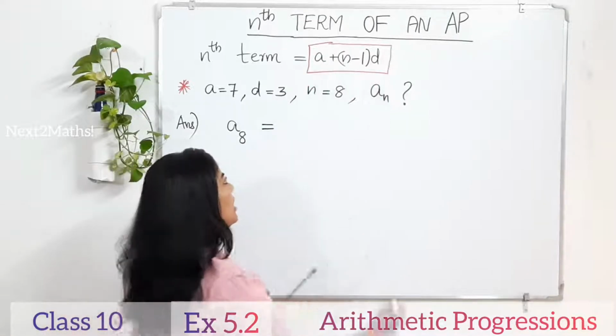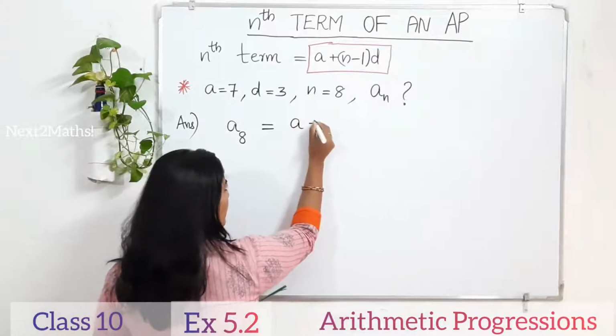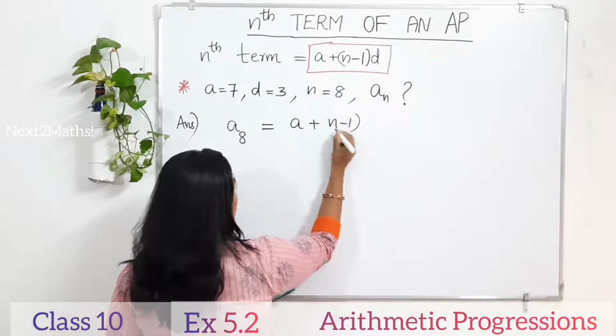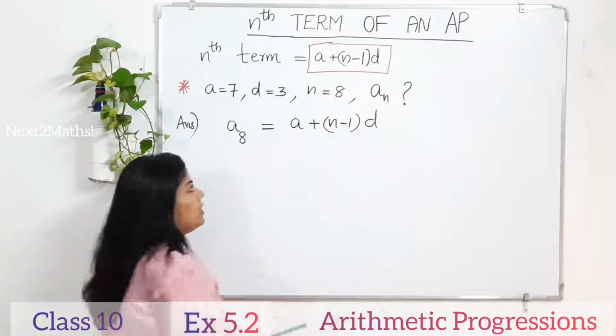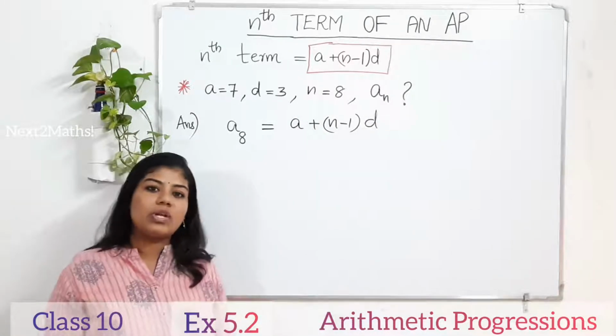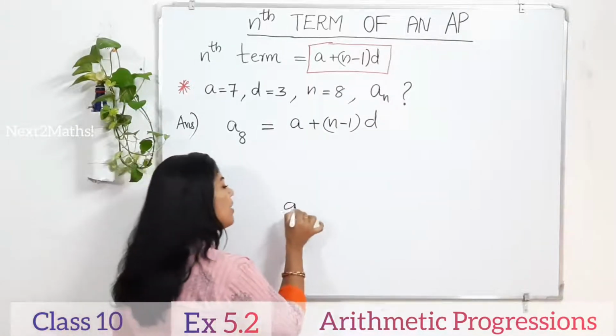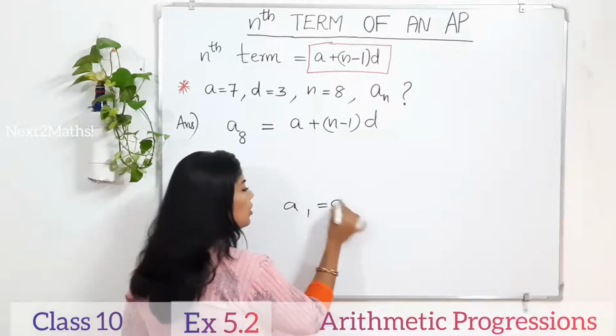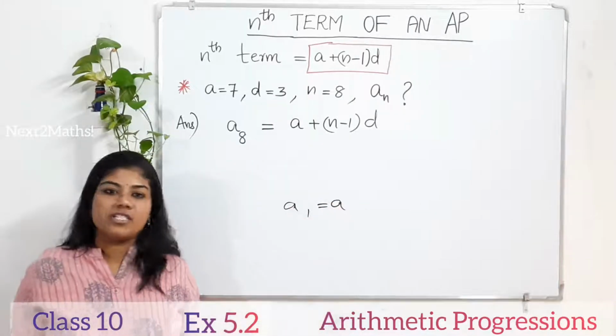Write the equation directly: a plus (n minus 1) into d. Instead of this a, you can also write a1. a and a1 are both the same. Both mean the first term only.